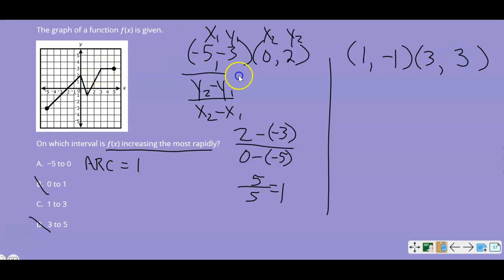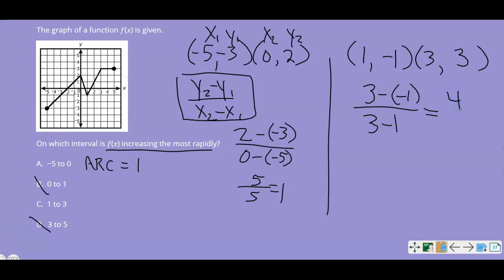All right, using this same formula here, I'm going to do 3 minus negative 1 over 3 minus 1. So 3 minus negative 1 is 3 plus 1, or 4. 3 minus 1 is 2. So that's an average rate of change of 2.